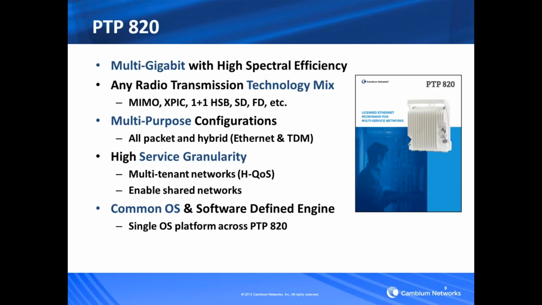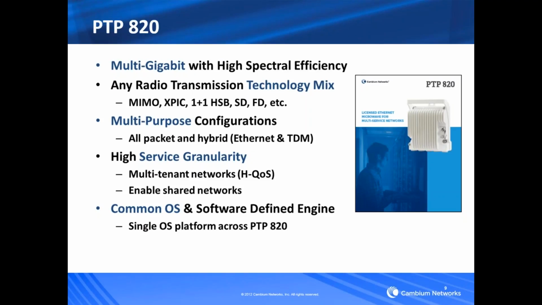We'll talk a little bit about our PTP 820 radio. That's our licensed radio, basically used for long haul. An important point about this radio is that it's a dual core radio that can transport almost 2 gig, with 2048 QAM.